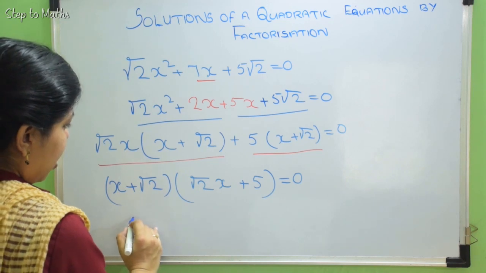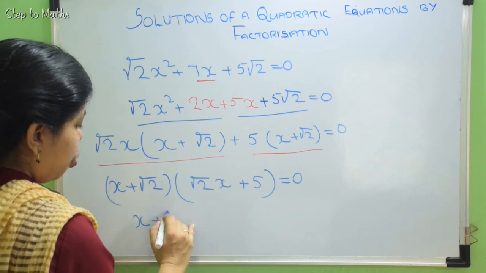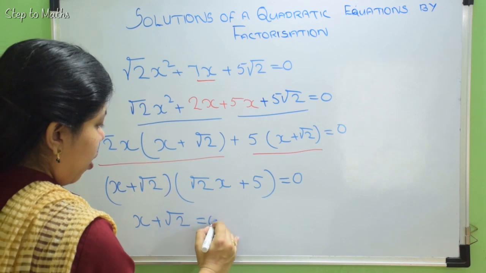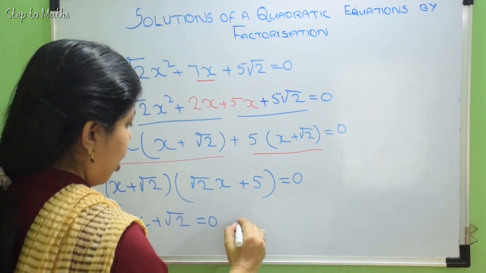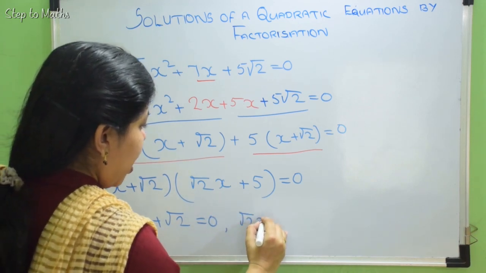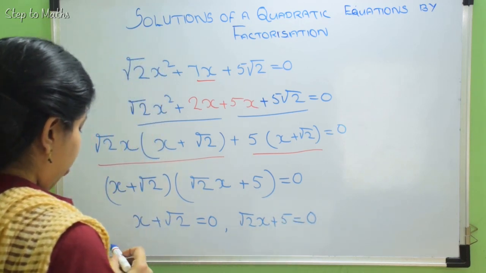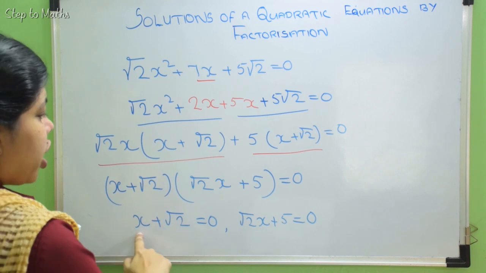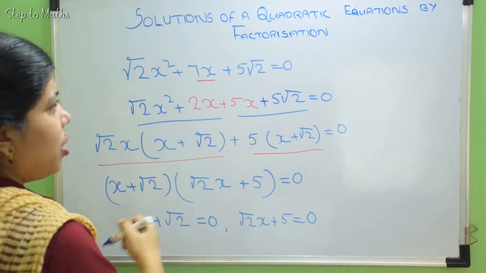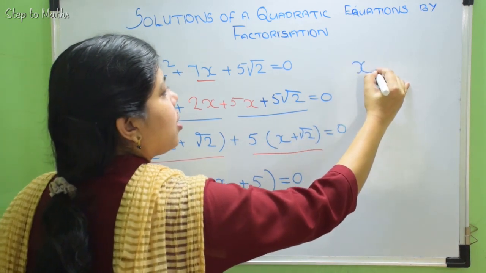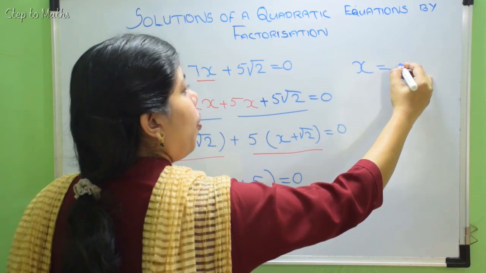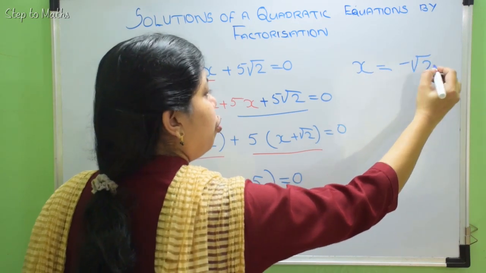That means x plus root 2 is equal to 0 and root 2 x plus 5 equal to 0. x plus root 2 is equal to 0 means x is equal to minus root 2.